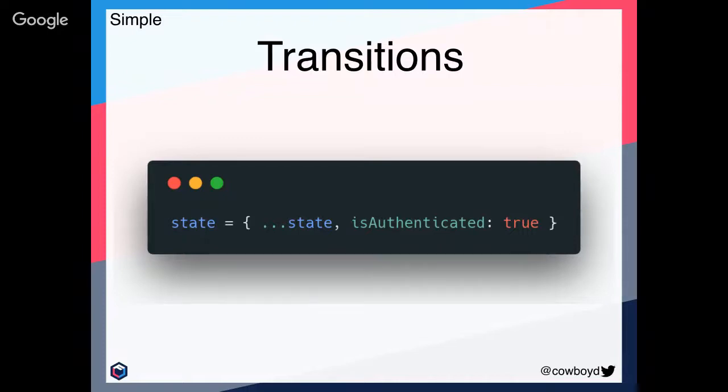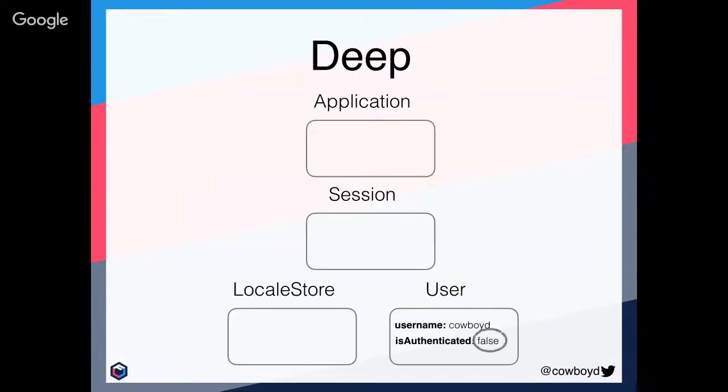That's really simple. Except in reality, state is really deep. Because you've got the user with its authenticated flag, but in real life, it's embedded within a session, and that's embedded inside of an application.